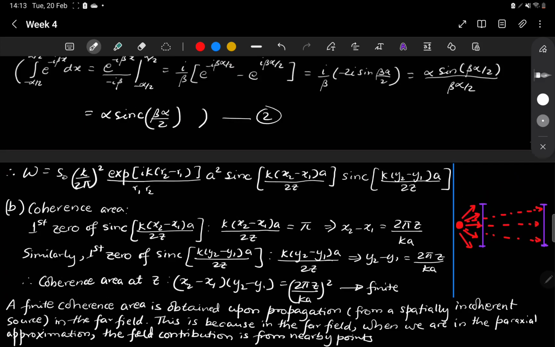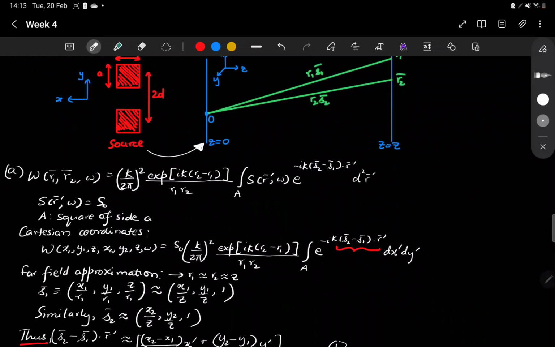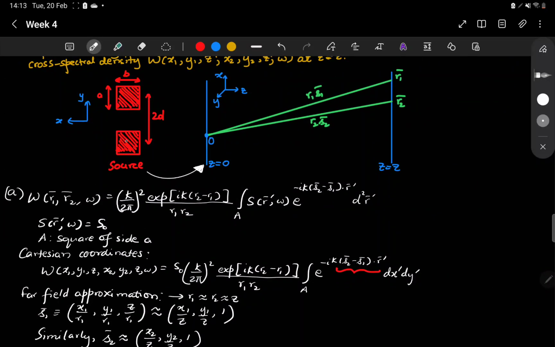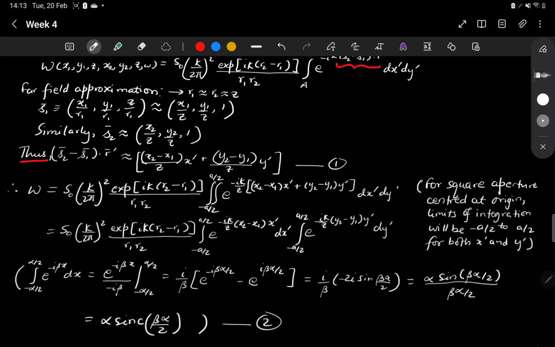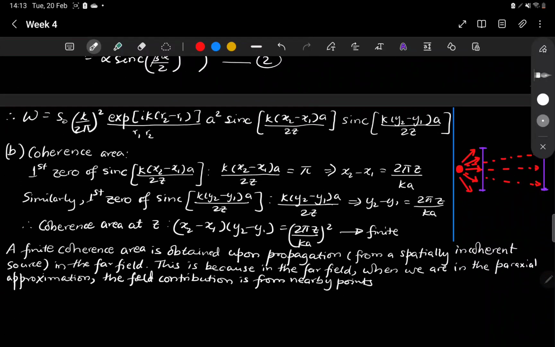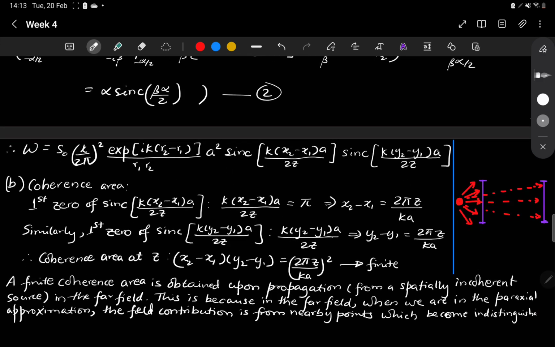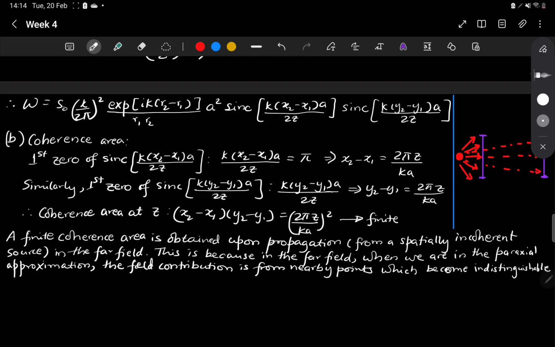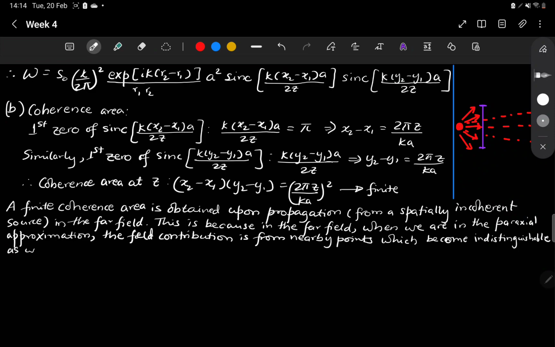So the field contribution is from nearby points. If it's a square source, then only from nearby points do we have the field contribution, not from points which are very far away in this source. Since they are from nearby points, they become nearly indistinguishable as we move further away.